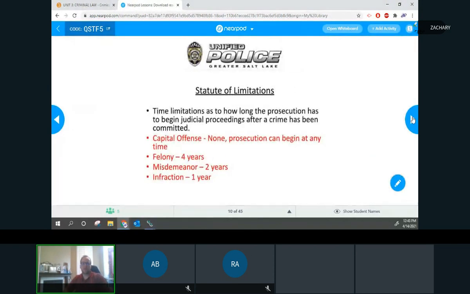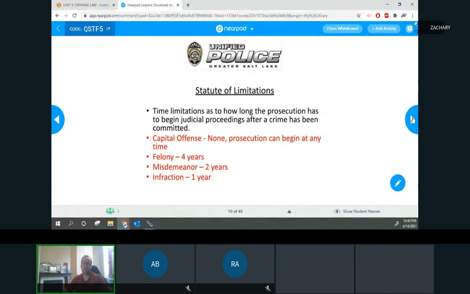Okay, statute of limitations. You may have heard of this before, but you can only be tried for something that you did if it falls within a certain time frame. Some of them have no time frame, like a capital offense. We kind of talked about what capital offenses are, such as murder, arson, laundering, that kind of stuff.